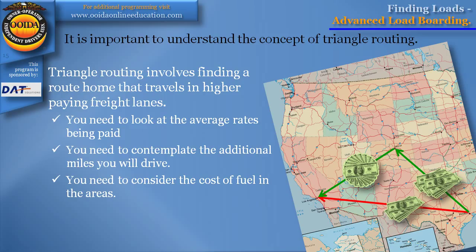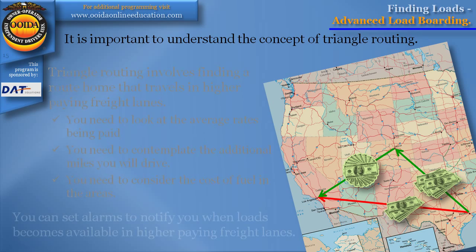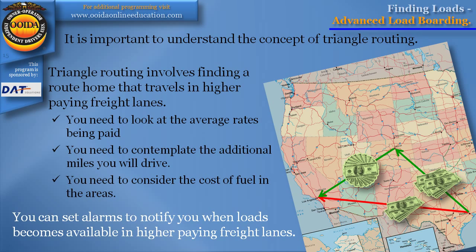Something that can be very beneficial in triangle routing is the alarm matches. You can actually use those to notify you whenever there are matches on the various lanes you want to consider to get home. And if you do your searches properly and determine the higher paying lanes, set various alarms on those lanes.